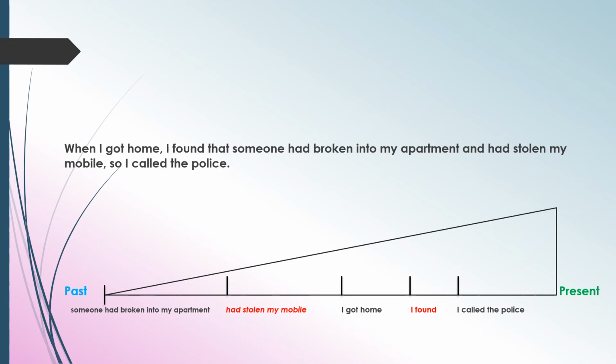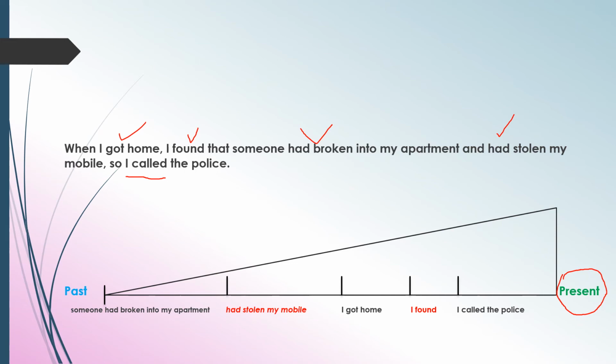But if we just consider it as a sentence, as one of the sentences in the English language, how will we analyze that? So here is a graph for you. Consider you are here in the present moment and all the things happened in the past. You got home, you found someone had broken in, had stolen, and you called the police.